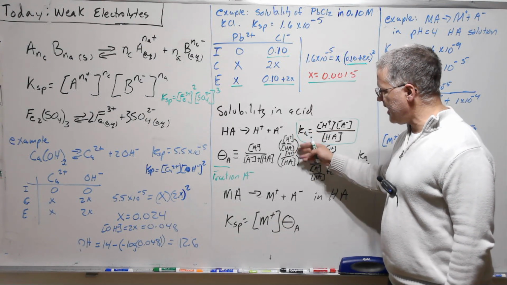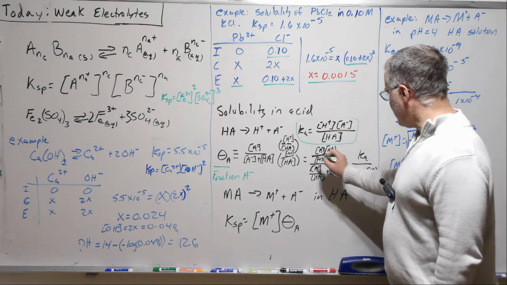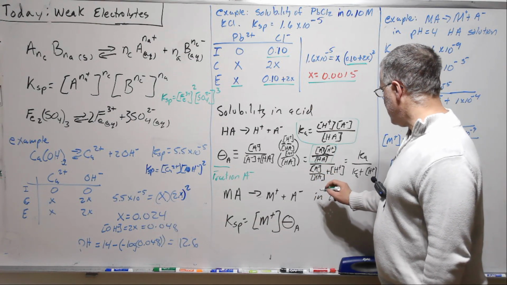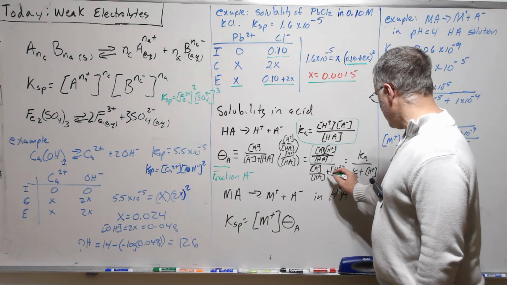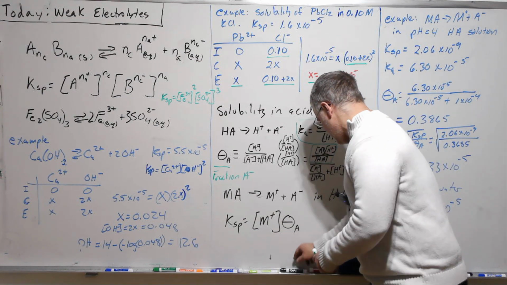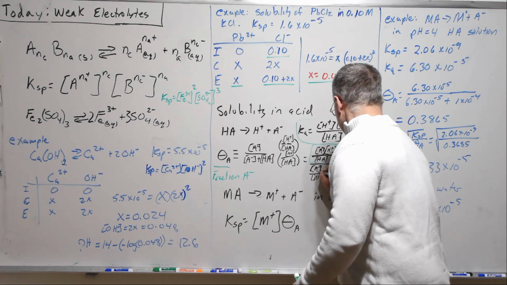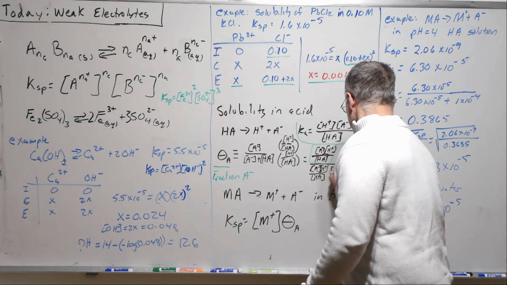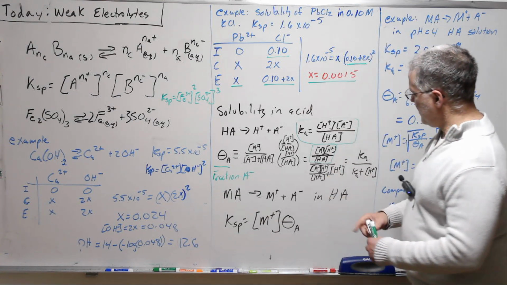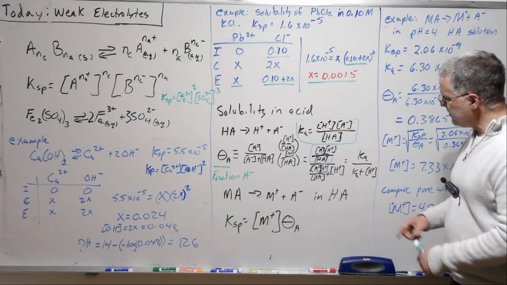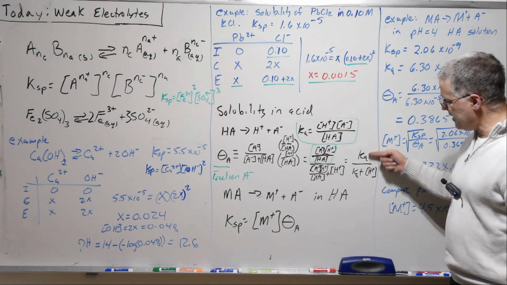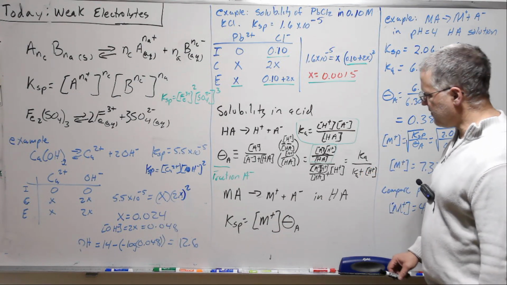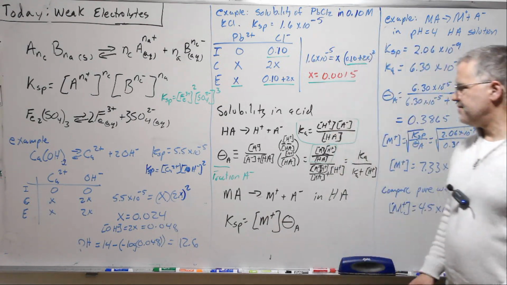And then what do I get here? Well, I get Ka here, and I get Ka here. Oops, should get H here. And I'm left over with a plus H down here. So this works itself out to be Ka over Ka plus H concentration. So that's the fraction of anion.